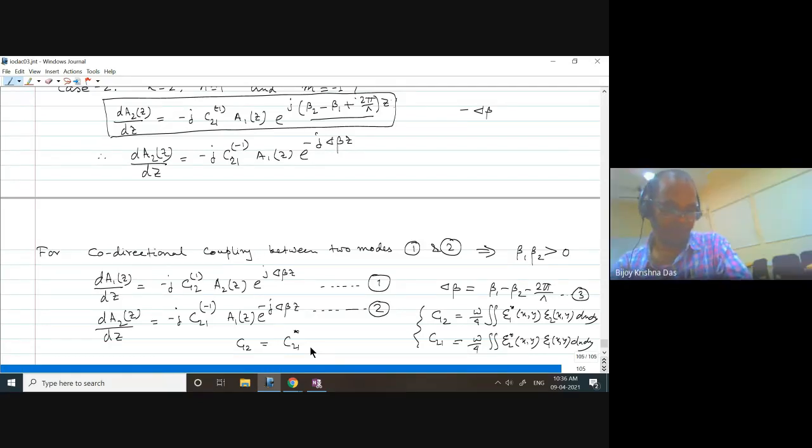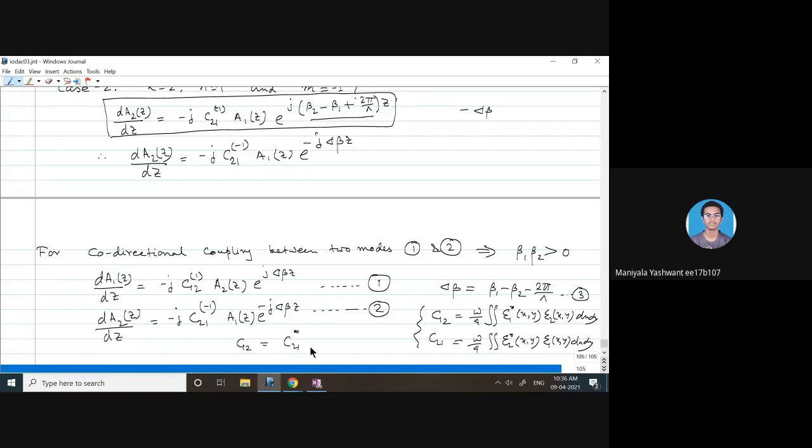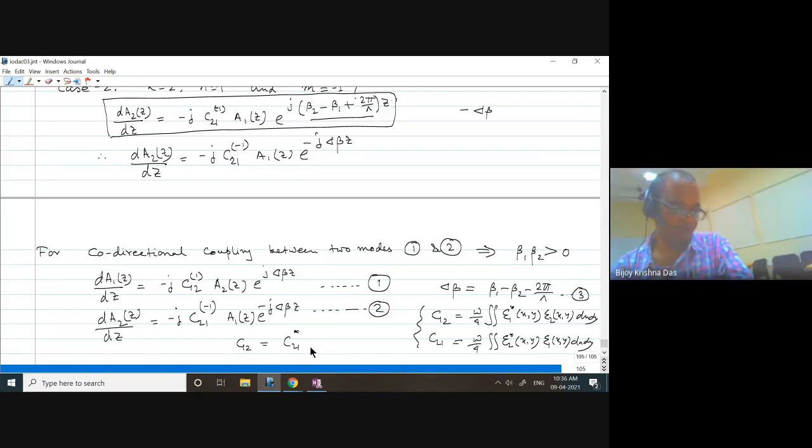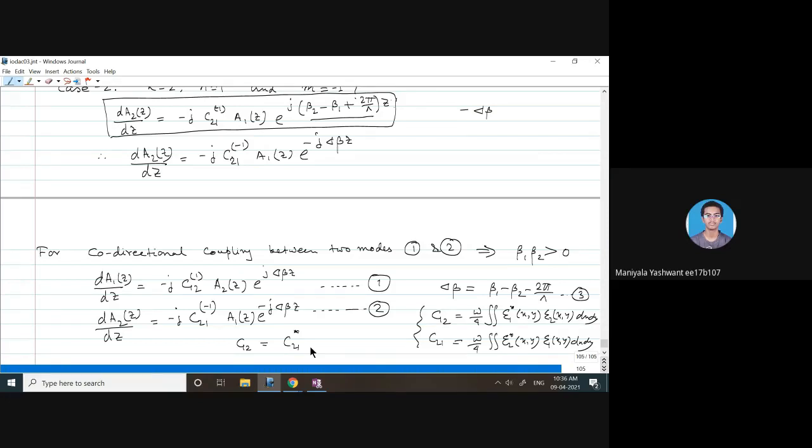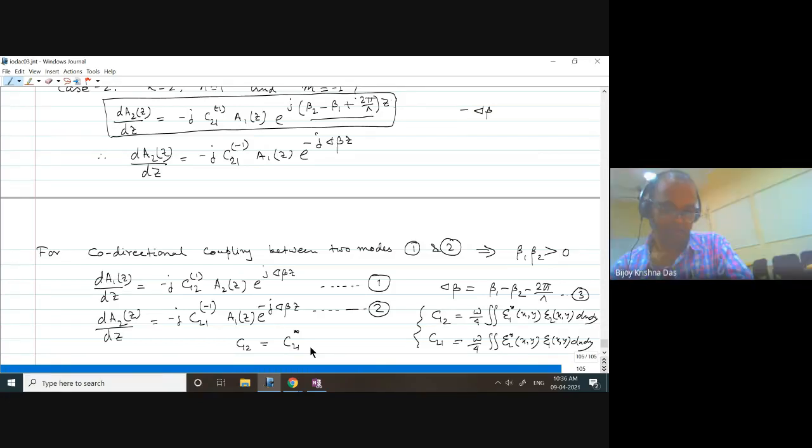Okay. So, sir, there should be a delta epsilon of xy in C12 and C21, and the B1 and B minus 1 terms. Right. Exactly. I missed that part. So I should write here.